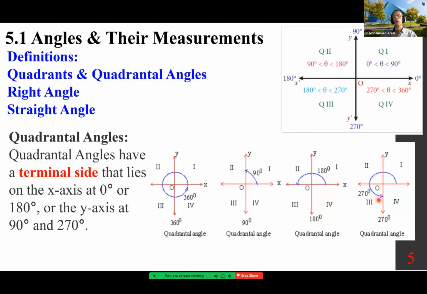If it's on the y negative side, it's 270 degrees. And if it goes a complete revolution, comes back to 0, it's 360 degrees. All of these are quadrantal angles. Now, 180 degrees is also called the straight angle.